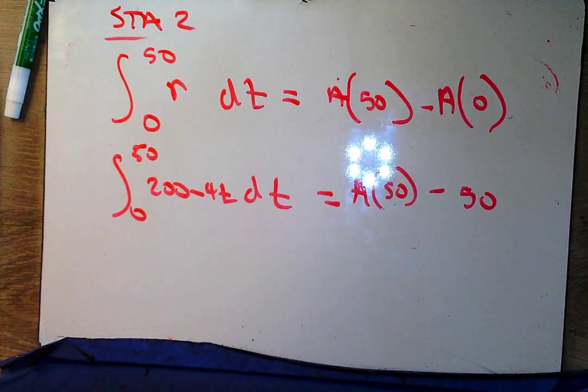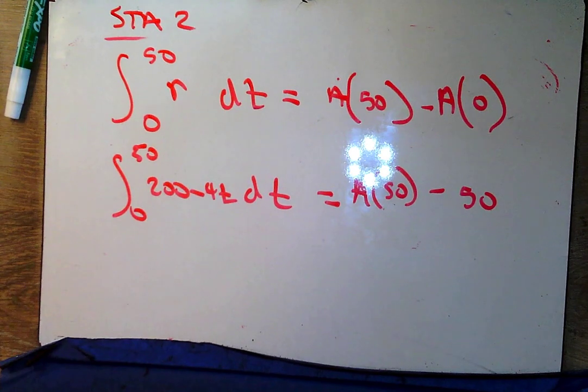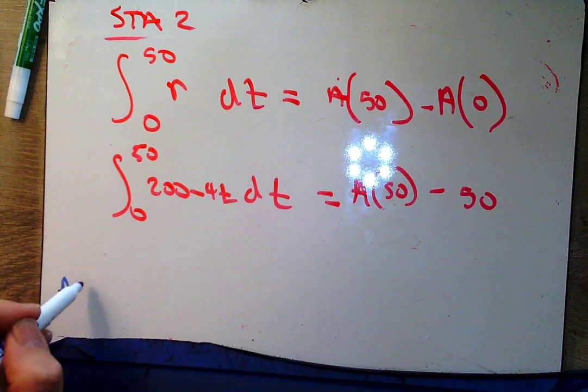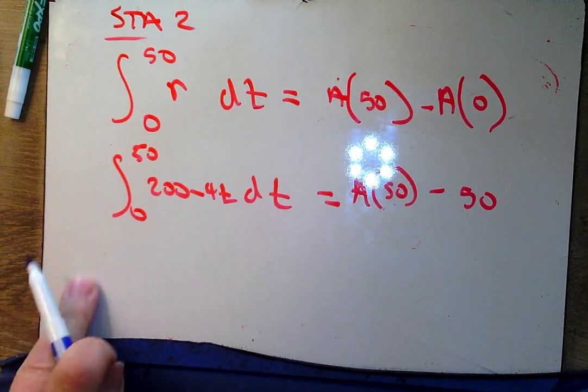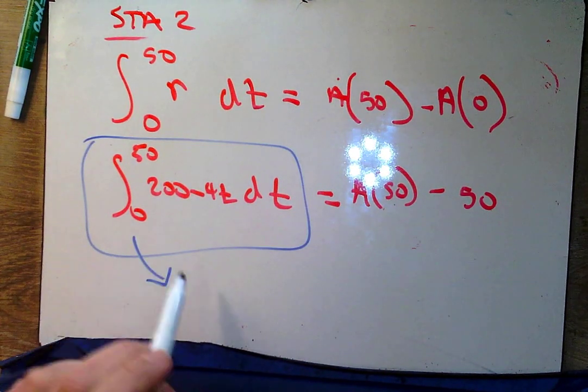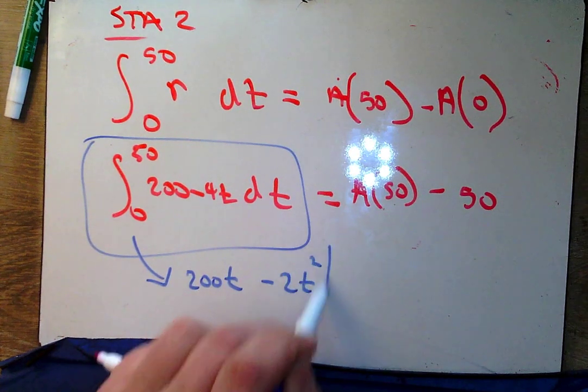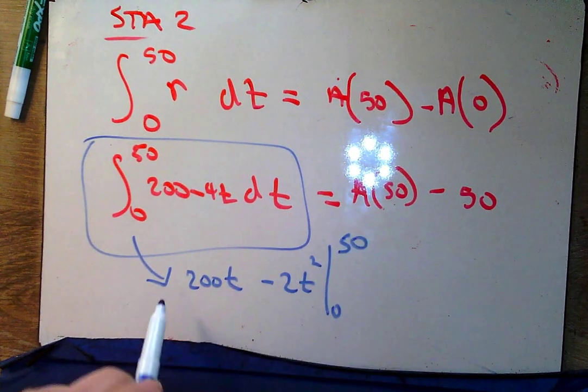So what are we asked? How much water flowed into the tank during the first 50 minutes? Okay, so that is just this part. If we want to know what flowed in, we're just going to evaluate this integral. And so we're going to have 200t minus 2t squared from 0 to 50.